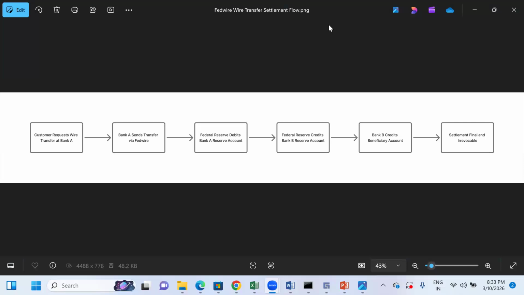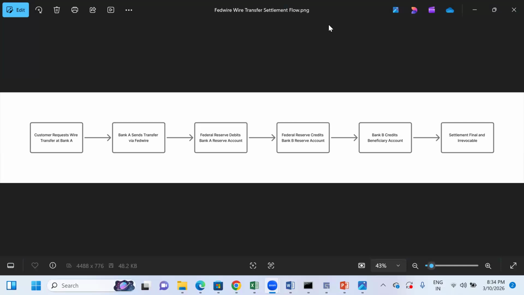Step one: the bank initiates a transfer request through Fedwire Funds Service with necessary beneficiary details.